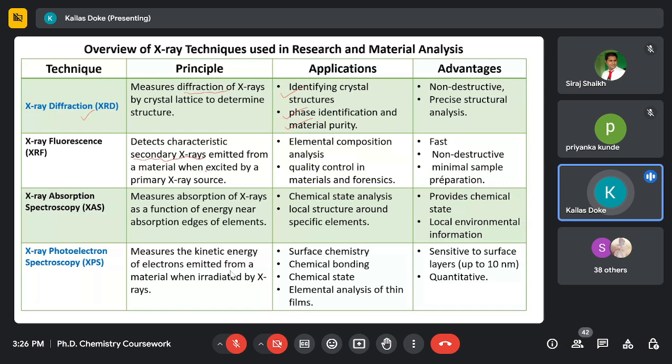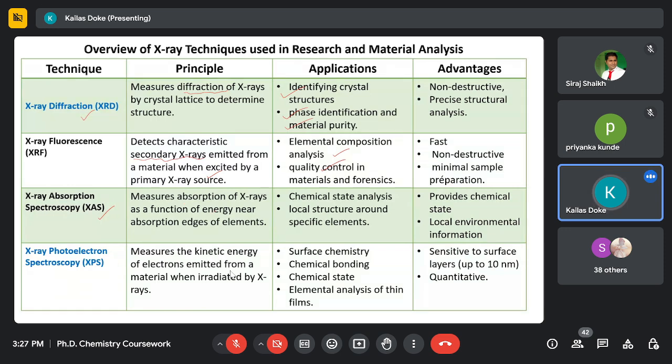The next technique is X-ray absorption spectroscopy. Here it is called a spectroscopy. X-ray fluorescence spectroscopy is also spectroscopy because whatever changes take place in the material will be either absorption of energy or emission of energy. That's why these X-ray techniques are called spectroscopic techniques.